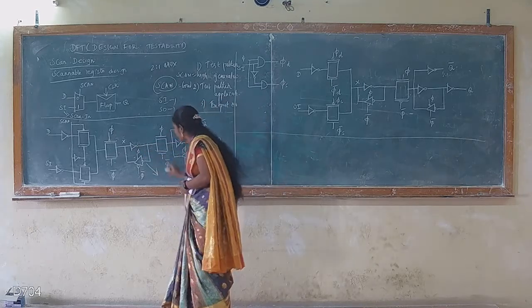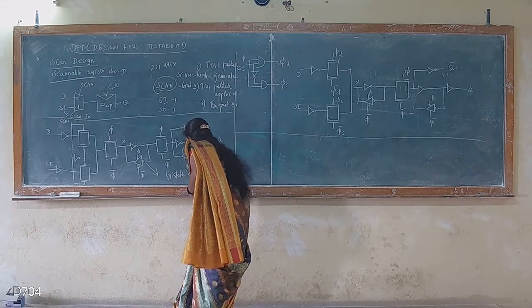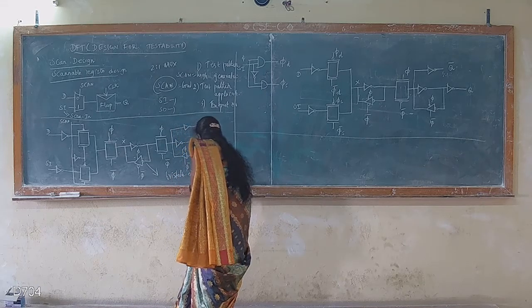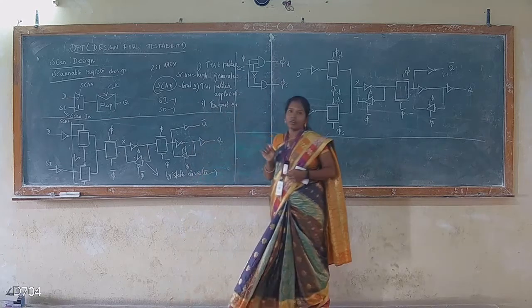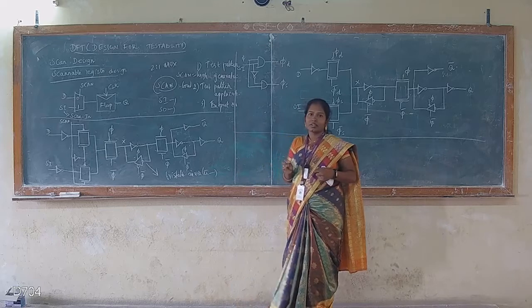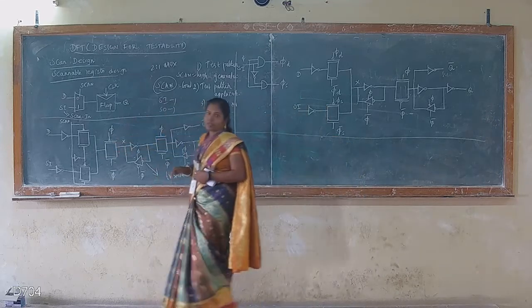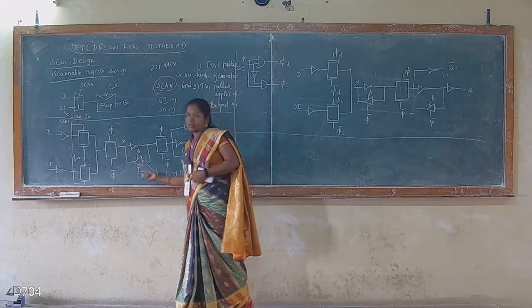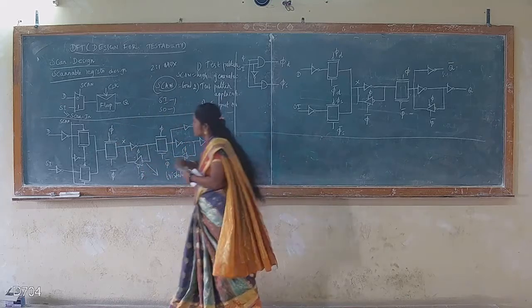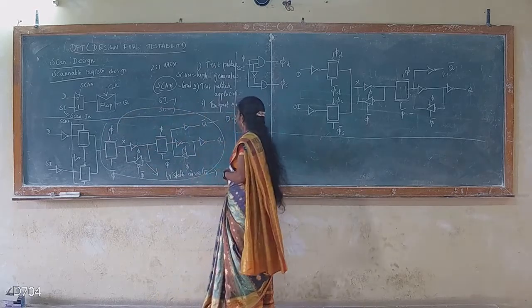And this is the tri-state inverter. Tri-state inverter means the inverter followed by the transmission gate. So instead of the inverter and the transmission gate, we have connected the tri-state inverter. So this is the whole implementation of the D flip-flop.